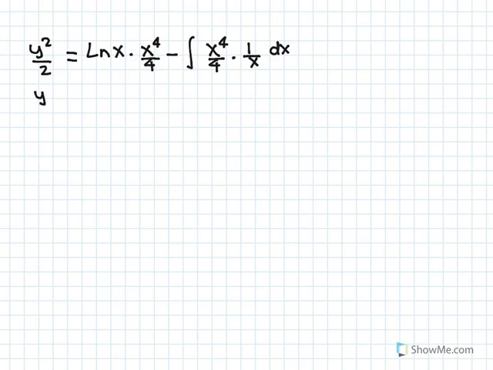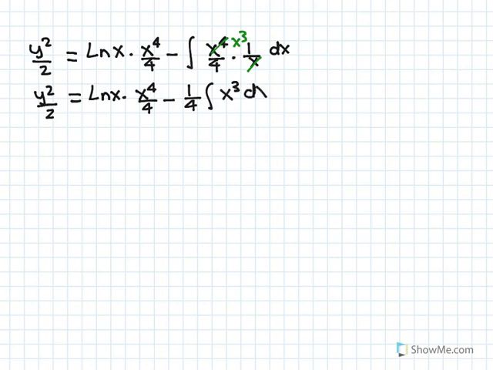So we get y squared over 2 is equal to log x times x to the 4th over 4 minus, 1/4 is a constant, so it passes through the integral, so we get minus 1/4 integral, and x cancels with x to the 4th, which gives us x cubed on top. So we get the integral of x cubed dx.